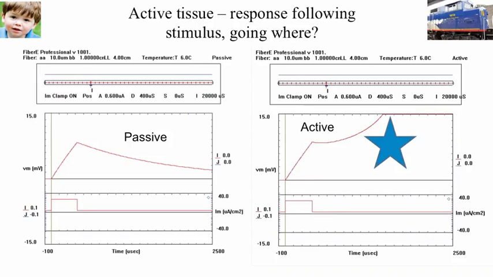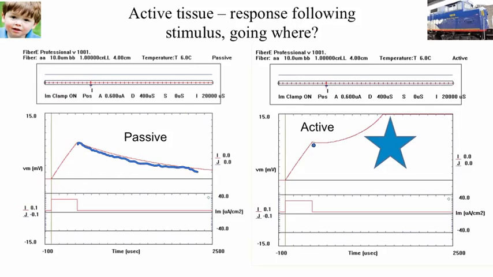But now, let's look at what happens when the stimulus is over. When the stimulus is over, the transmembrane voltage in the passive tissue declines, and it will over time gradually go back to the baseline in an exponential fashion. In active tissue, that just does not happen.